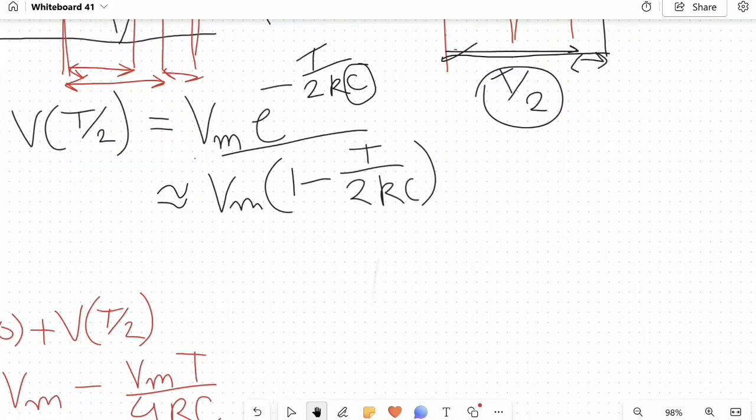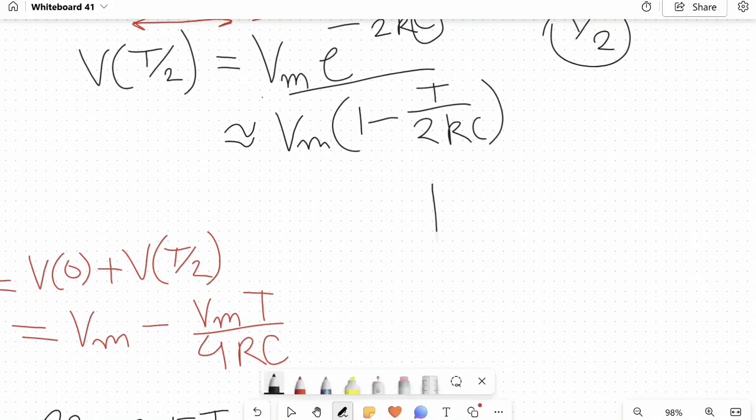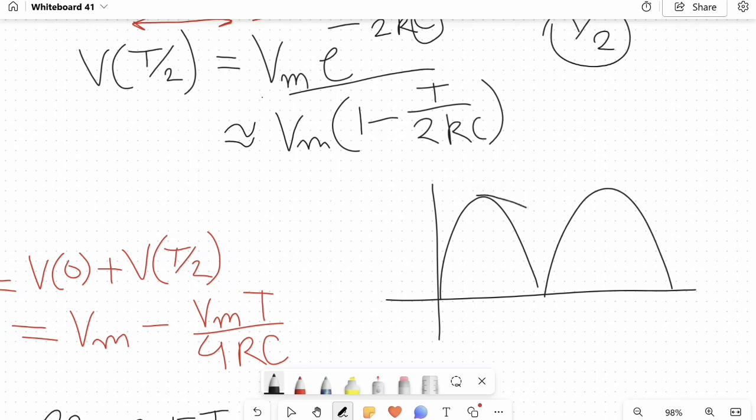Now if we draw our voltage again, there's an observation to make. This was our initial one, this is the better, improved one. So this is the voltage at this point. What is the voltage here? This is the peak. So at this point the voltage is Vm.